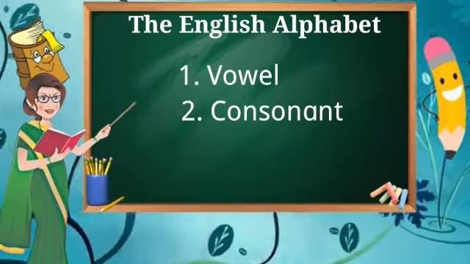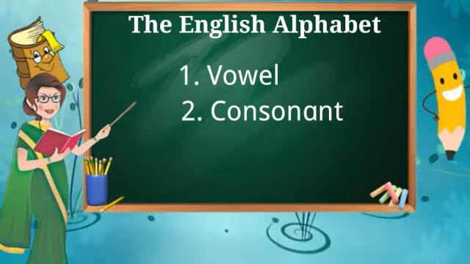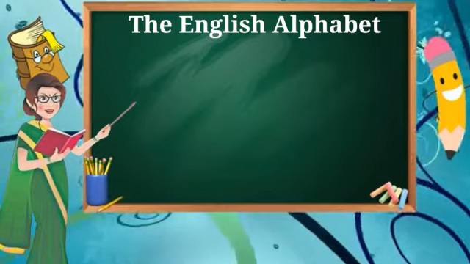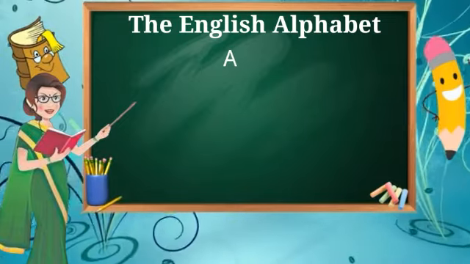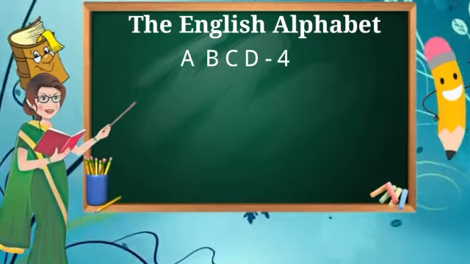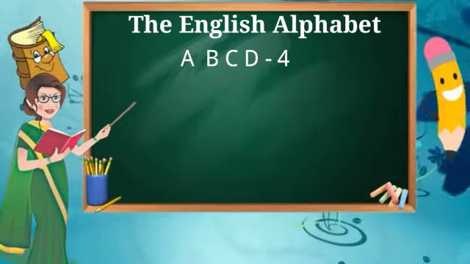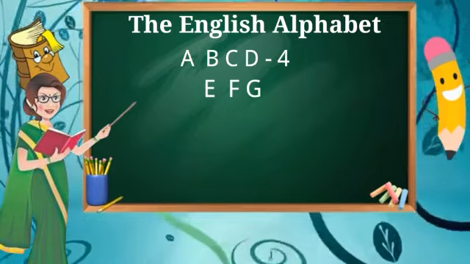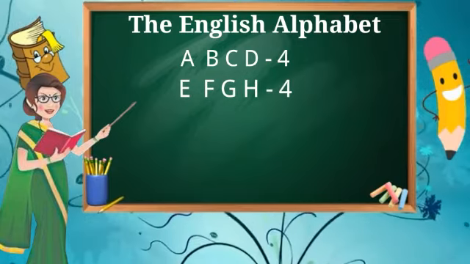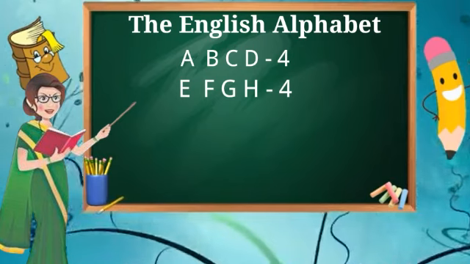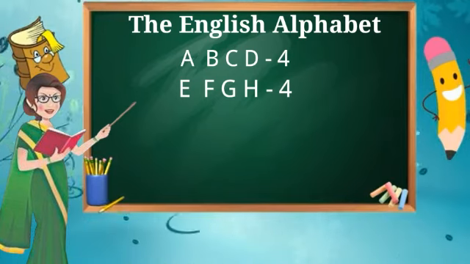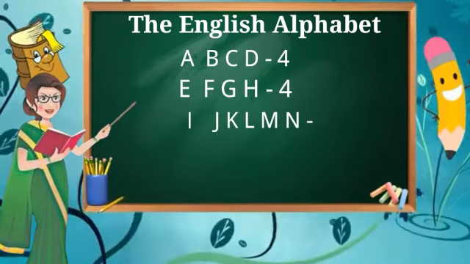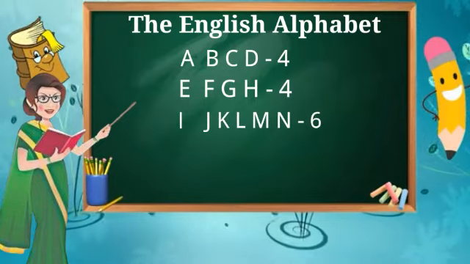At first, you have to write all the letters in the following ways. In first row, you write 4 letters A, B, C, D. Then in second row, again write 4 letters E, F, G, H. Then in next third row, you write I, J, K, L, M, N, 6 letters.